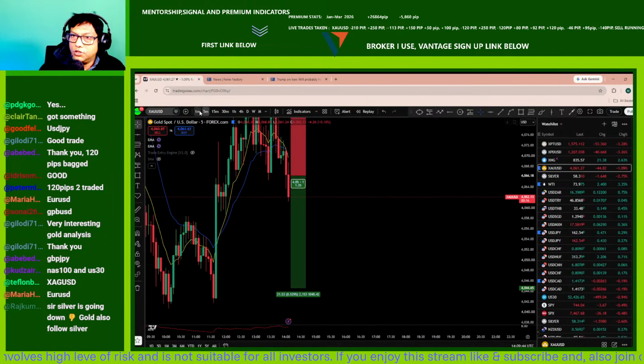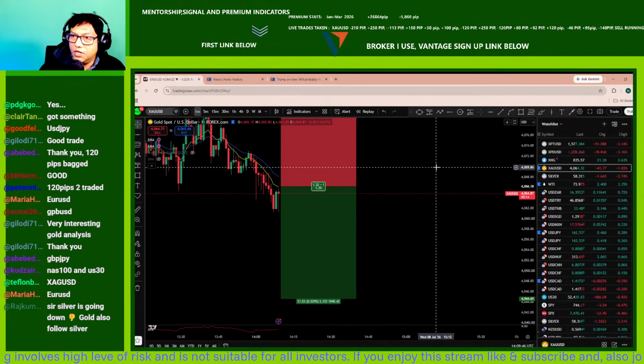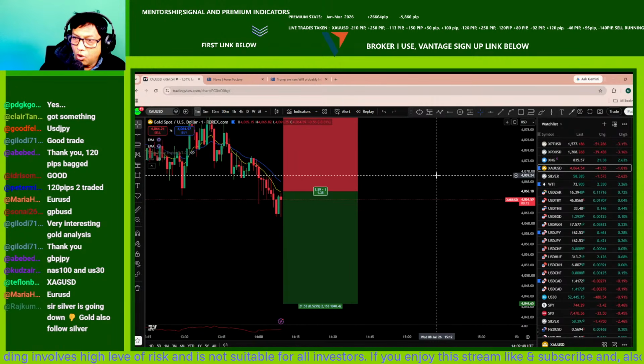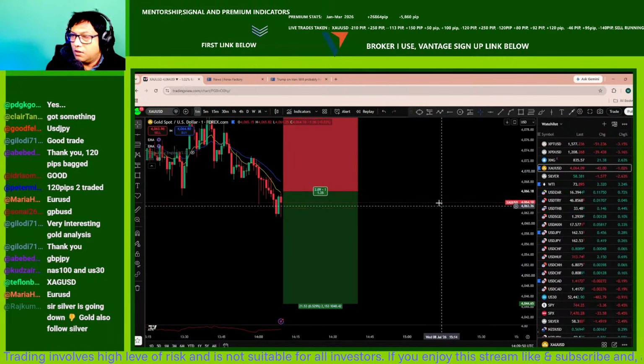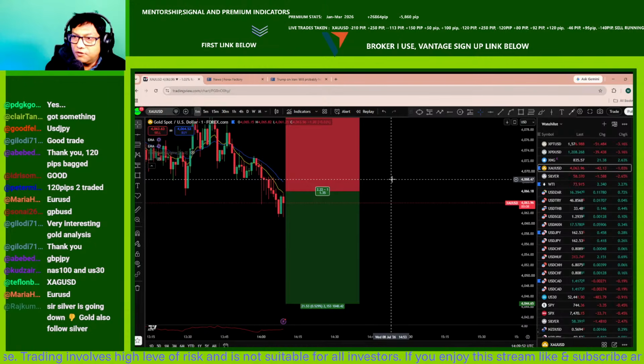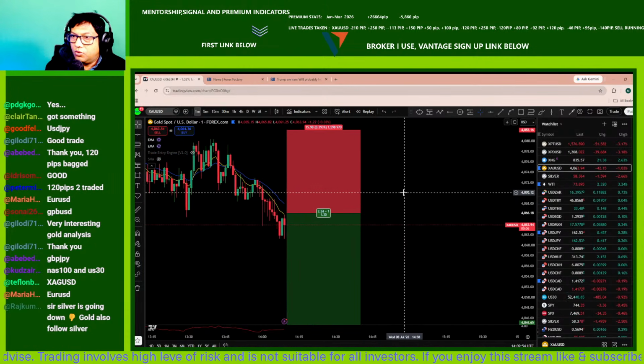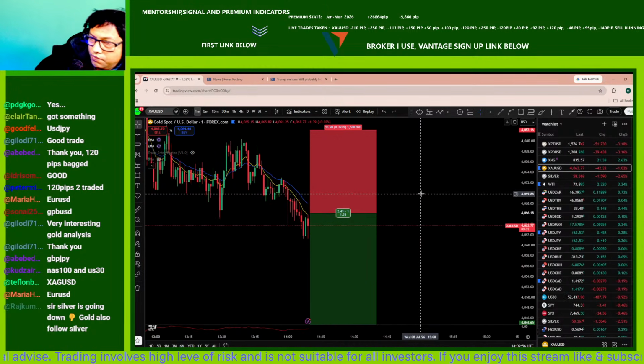So looking forward to a potential drop, and you can see there are quite a few long wick price action formations here, which shows a potentially bearish bias.